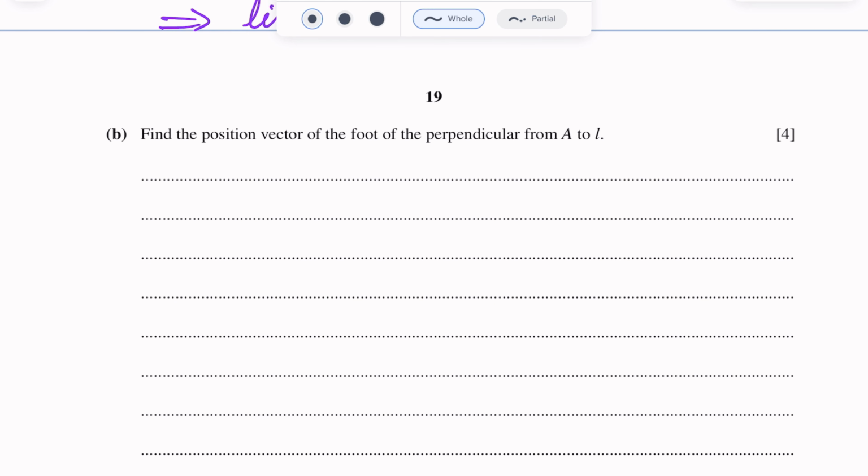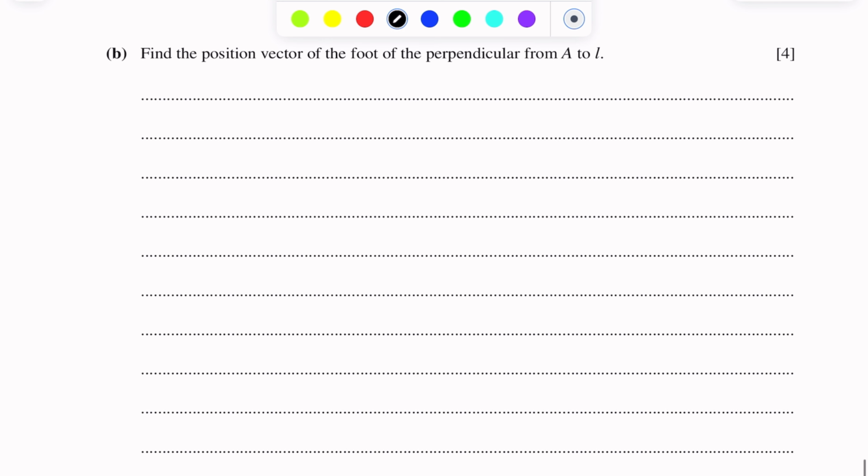We are making the diagram again. This is line L and this point is point P. Then this is point A. This is perpendicular to the line.